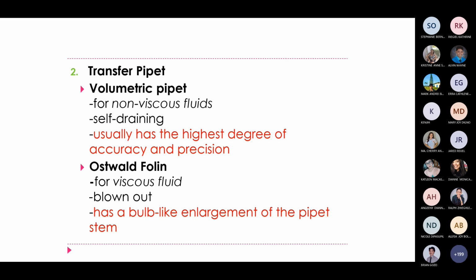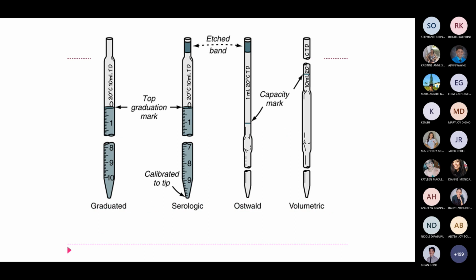We can see the picture. Ito yung sinasabing bulb-like enlargement natin. Okay, kung nakikita n'yo dito, pareho silang may etch. At kapag may etch, anong klaseng pipette? Blown out pipette. Okay, like for this one, umabot hanggang dulo ang graduation, si serologic.